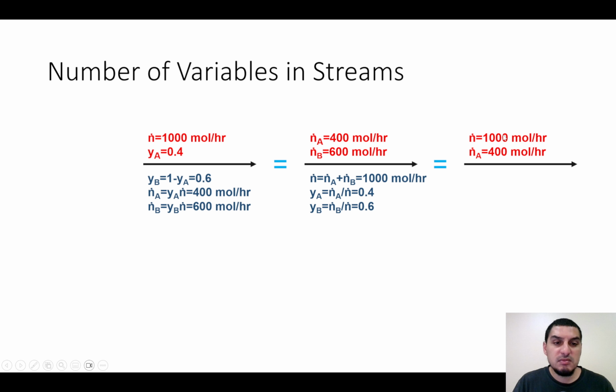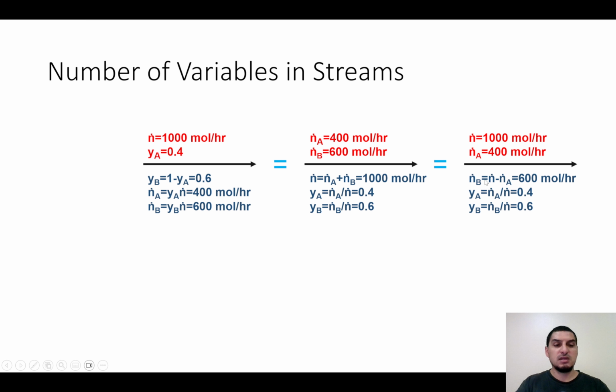For the third stream, I have the total flow rate and the flow rate of A, and I can do the same. I can subtract NA from N, which will give NB, and then I can get YA and YB from these numbers.